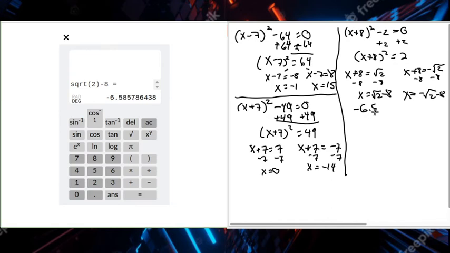And then negative square root of 2 minus 8 is equal to negative 9.41.